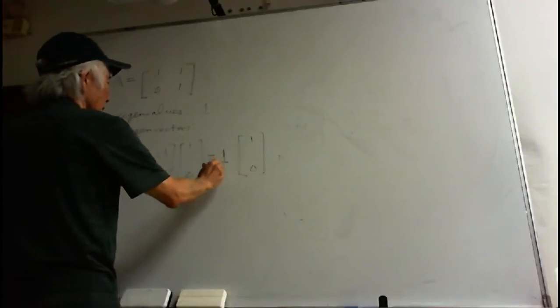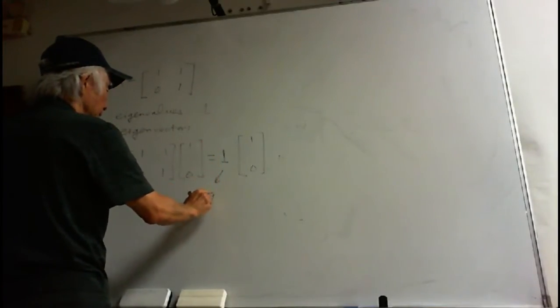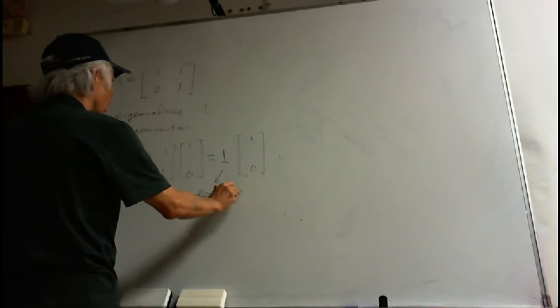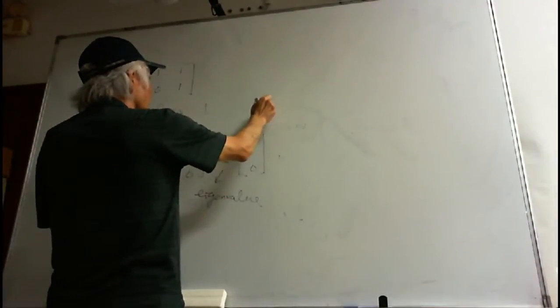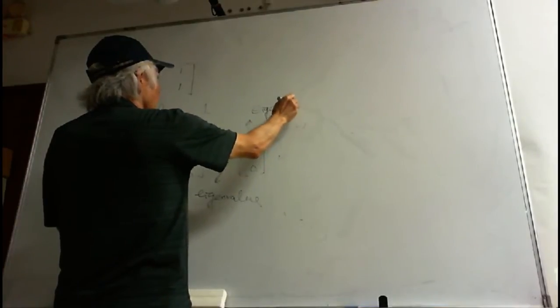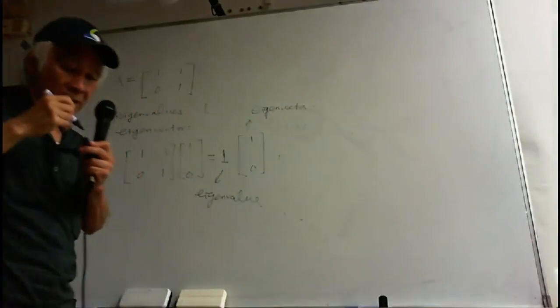Right? So this one is your eigenvalue. This [1; 0] is your eigenvector. Alright, this is the simplest example for eigenvalue and eigenvectors.